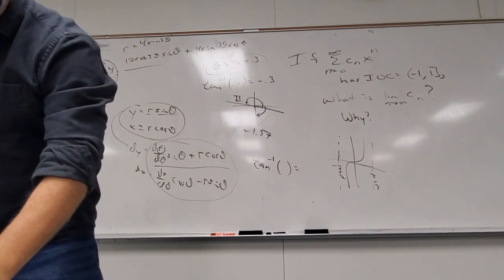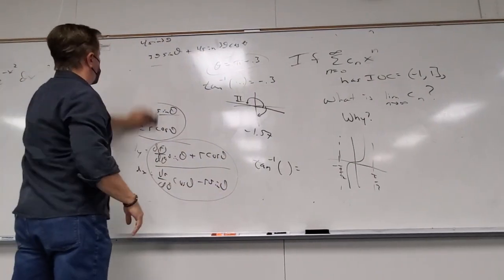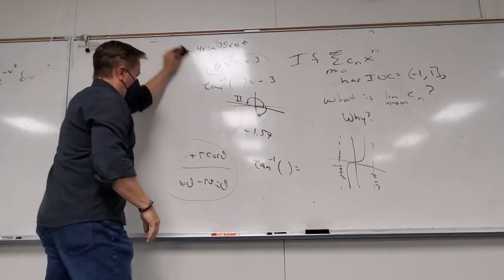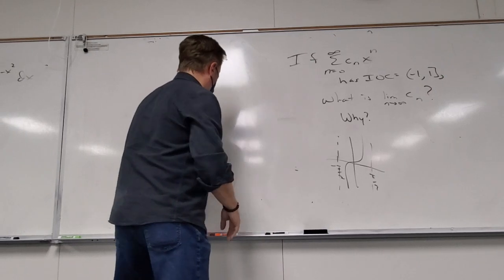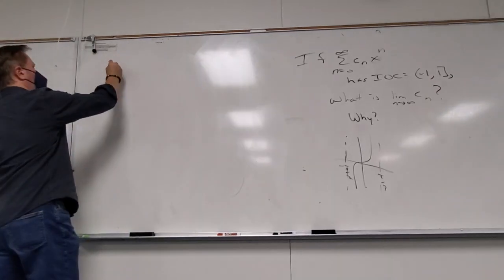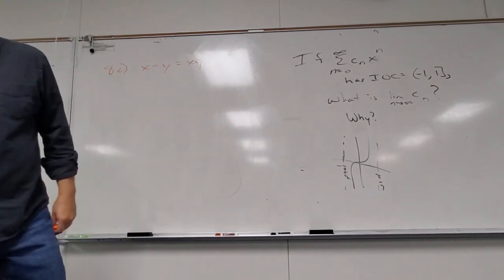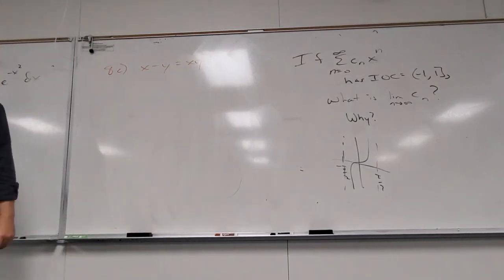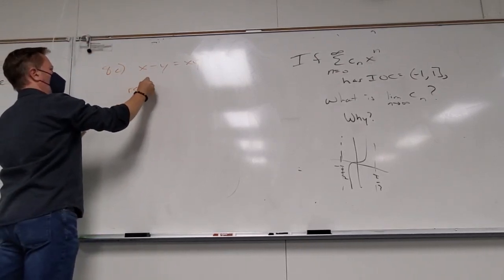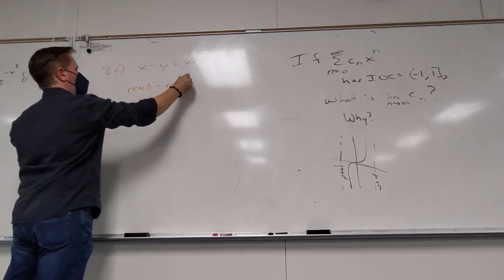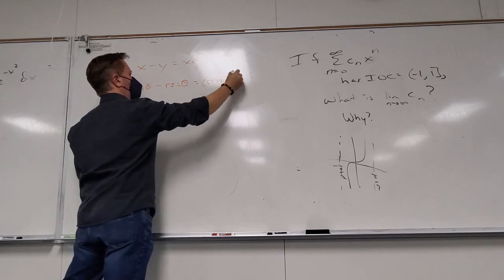Which, I'm sorry? 8C. I did 8C a certain way on the key. If anyone tried 8C, or if you're looking at it right now, what would you do with that? Change it to r. Was it x minus y equals x y? Yeah. Okay, what would you do? Just change it all. All right, so what goes here? r cosine theta. r sine theta. r cosine theta times r sine theta.